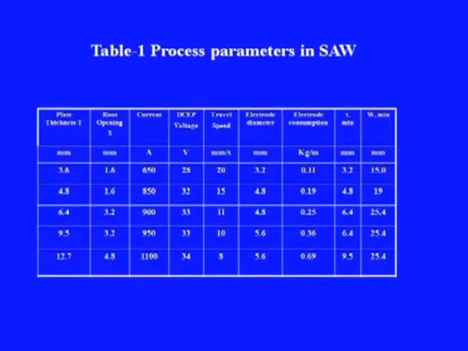So, this table shows the parameters used in submerged arc welding process. This talks about the thickness of the plate, then what should be the root opening, the current required, then DCEP, which is called direct current electrode positive, voltage, then the travel speed, then electrode diameter, electrode consumption, then the thickness and the width.